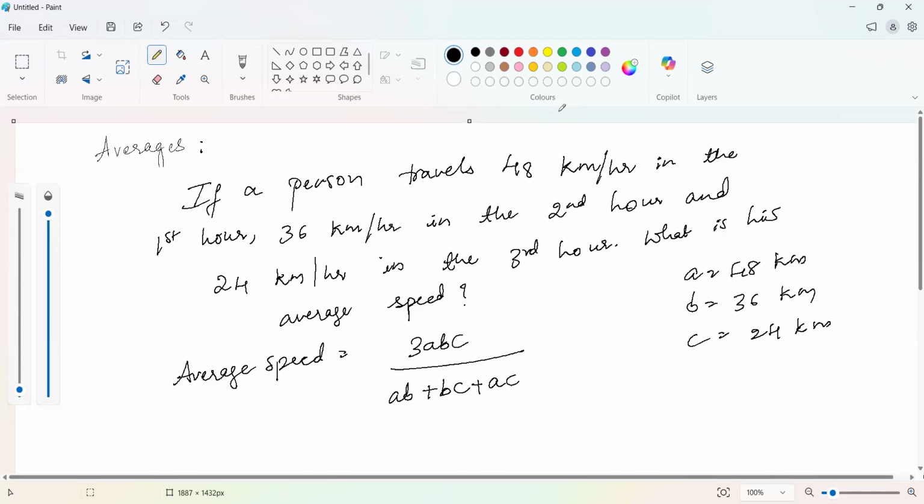You need to use a calculator probably. You can use a calculator. Getting 36 kilometer? No. Correct. So since the speed is different for each hour, you need to apply a formula where they get averaged out. So this formula would be applicable.